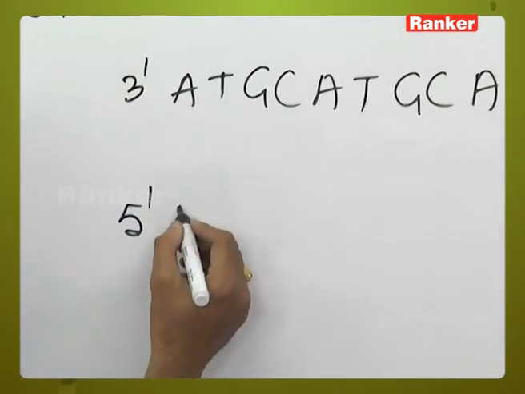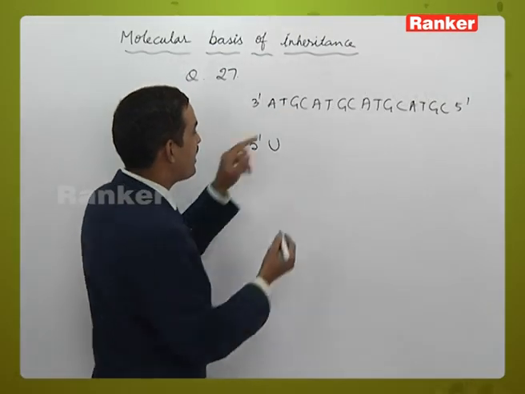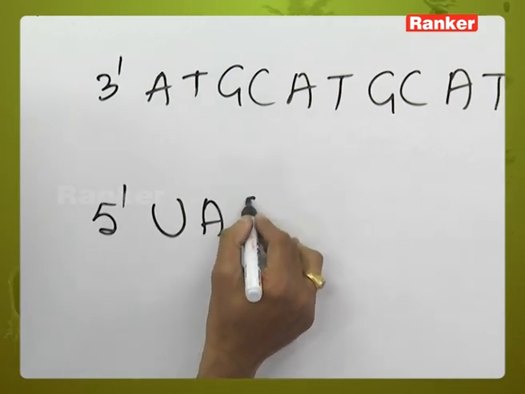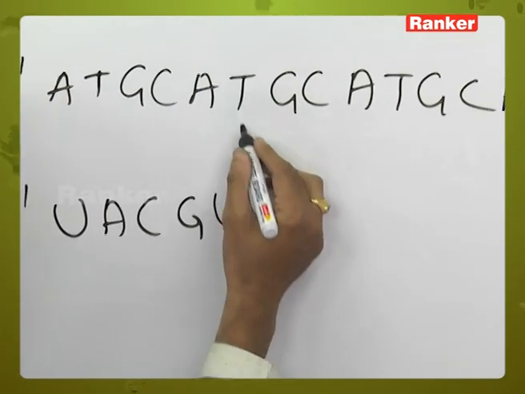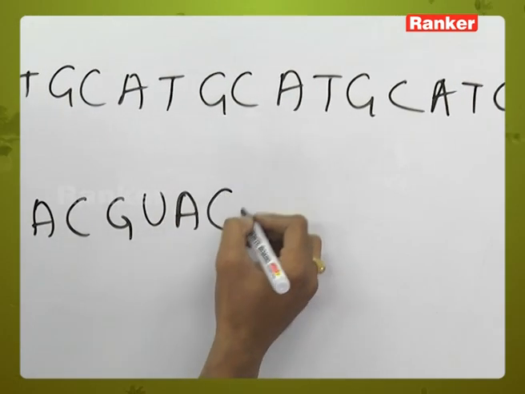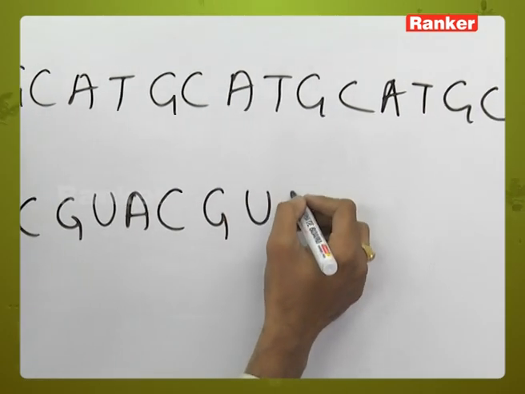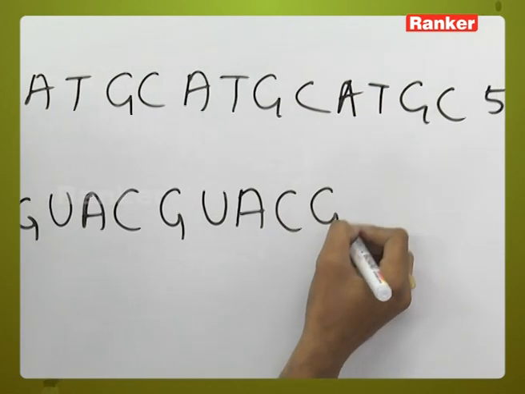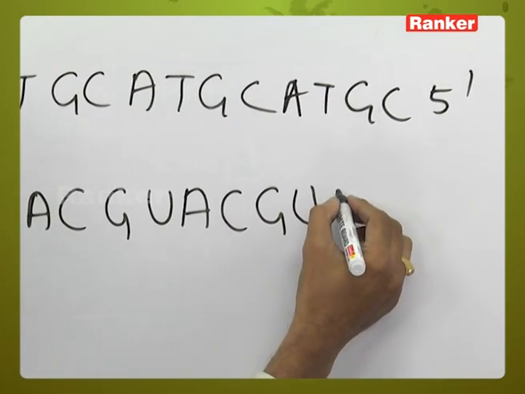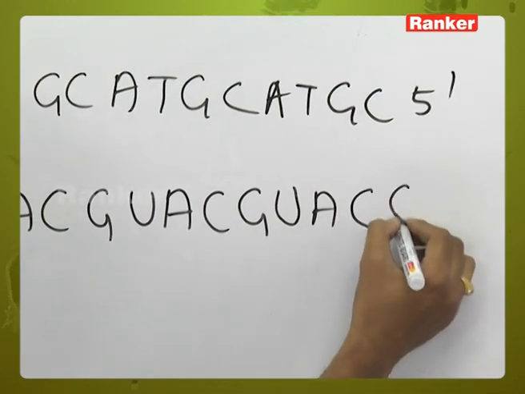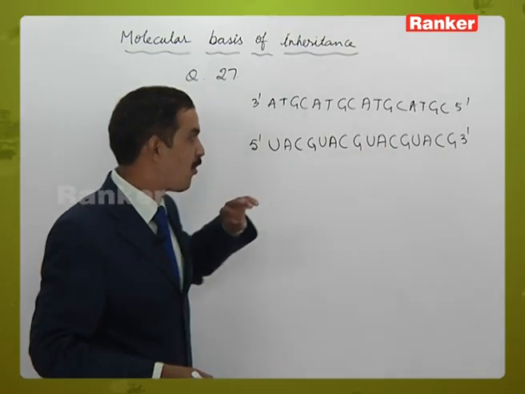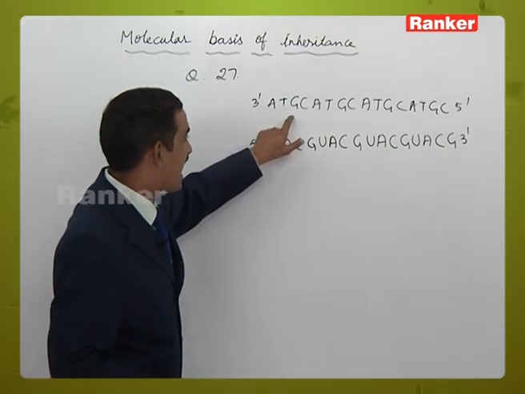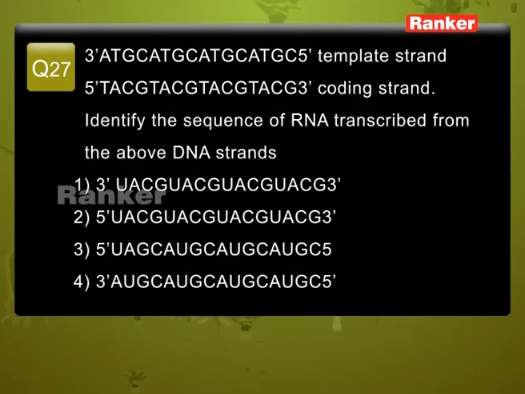So A gives U, T gives A, G gives C, C gives G, and so on, ending at 3 prime. This is the sequence of mRNA formed on the template strand. So from the given options, question number 27, the correct answer is 2.